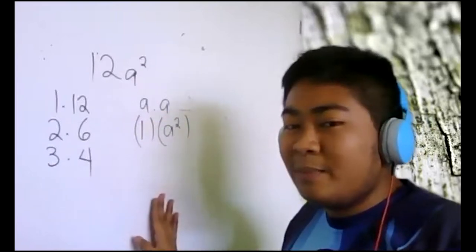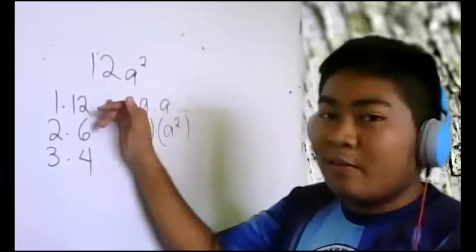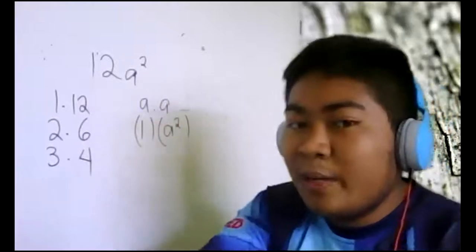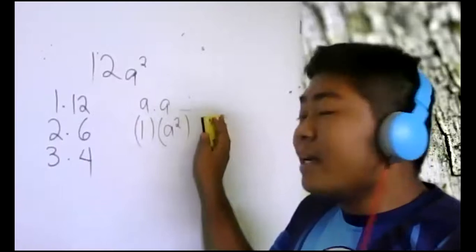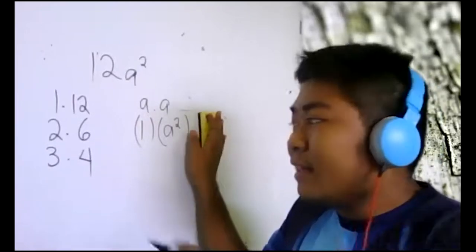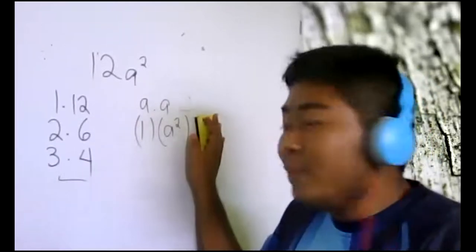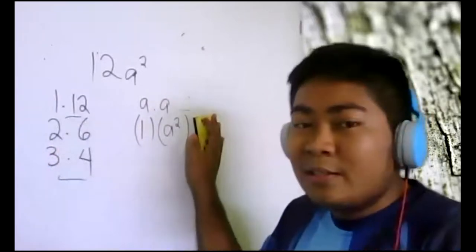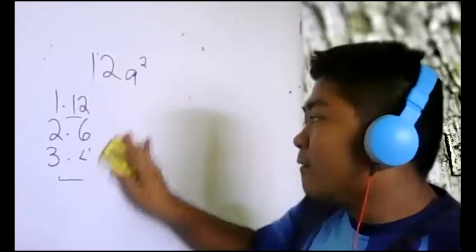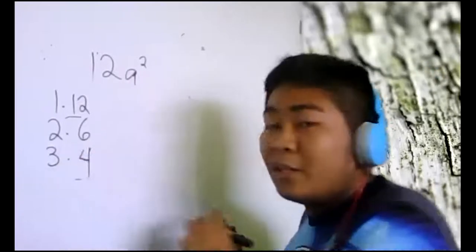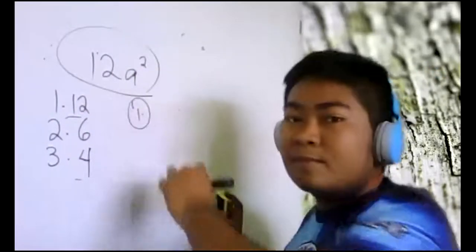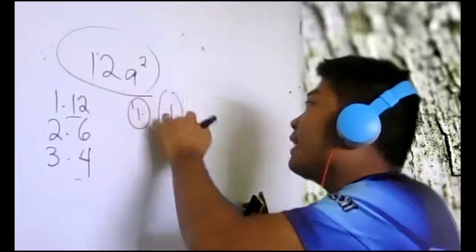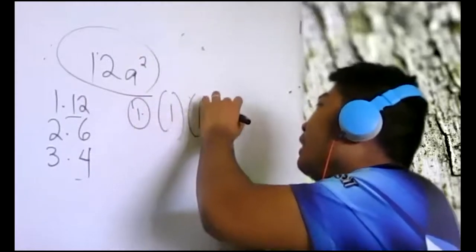So these are the possible lang naman ni na factor ni A squared. Therefore, kung titignan natin kanina, we can use ulit the 3 times 4. We can use naman 1 times 12. So here are the possible factors of 12a squared. So number 1, we have 1 times 12a squared.